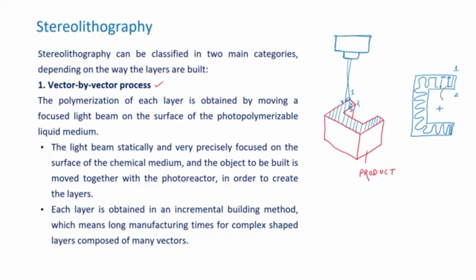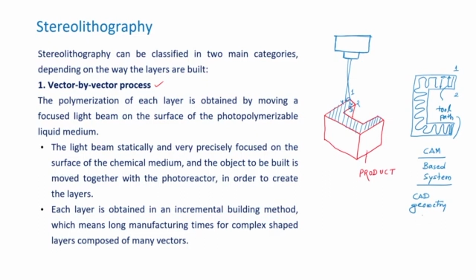The tool path of the laser beam irradiation has to be decided by the CAM based system, and this CAM based system works based upon the CAD geometry, which generates the vectors.